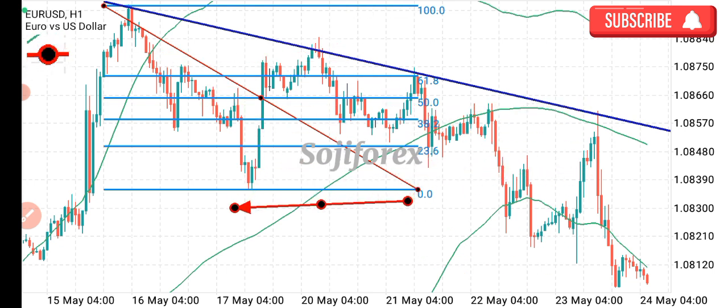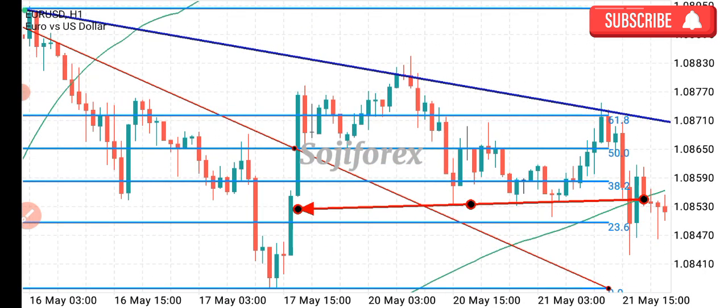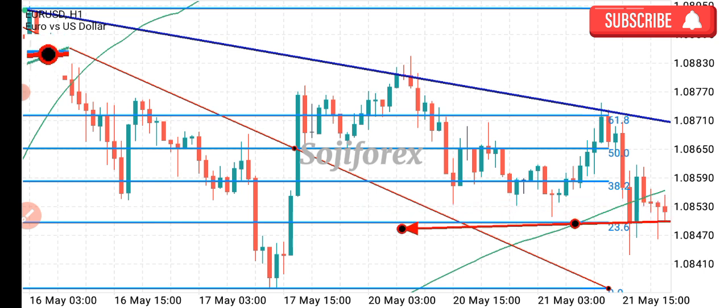Remember, we say a pullback begins when price closes above 23.6, and as you can see here, this candle closes above 23.6, which we said is our condition for pullback.